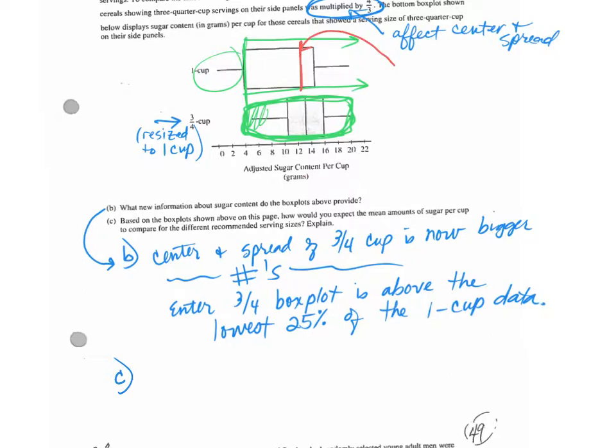This shape is what? Skewed left. So, therefore, I know that the mean is going to be what? Less than the median. So, it's going to have a mean down here below 13.